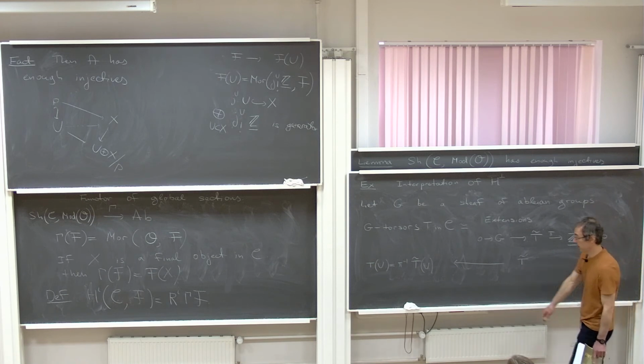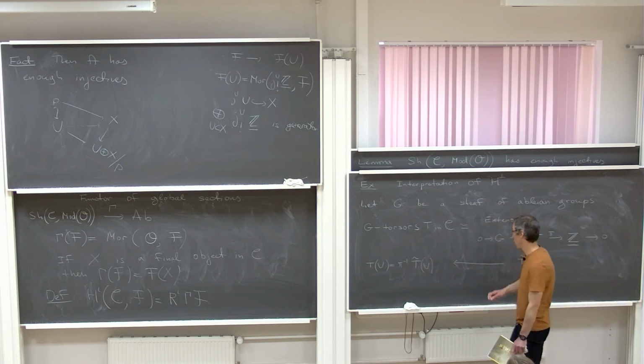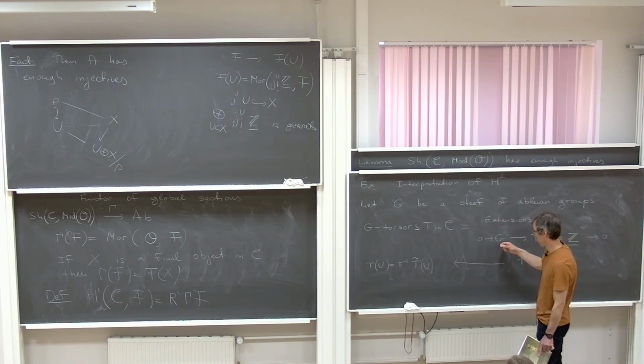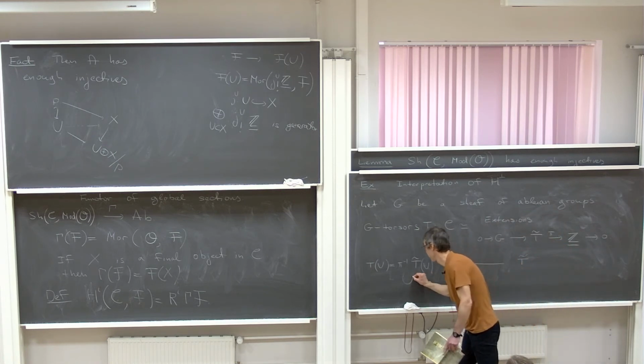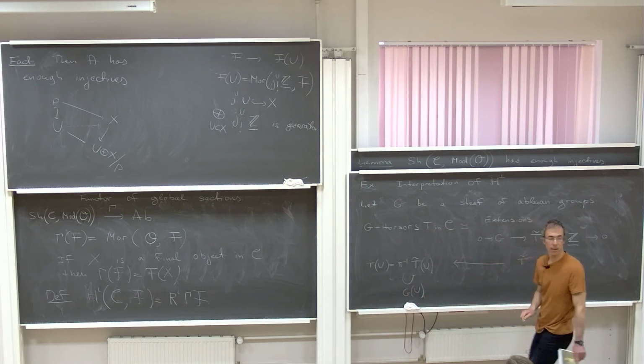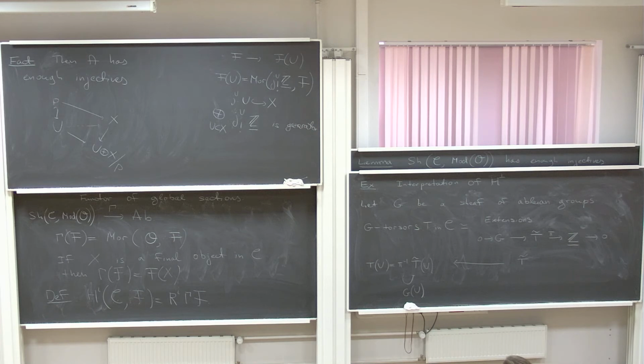So this is either empty or it has a simply transitive action of G of U. Right? So I claim that this functor that I defined for you is an equivalence of categories.